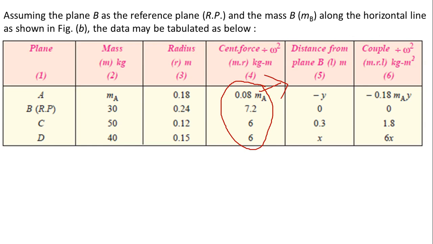Whereas in couple, there are 3 unknowns: MA, y and x. So different problems need to be solved differently, so you have to think differently. That's why I'm solving this type of problem also; there will be a little bit of change, because here you have to do force polygon first, then couple polygon.